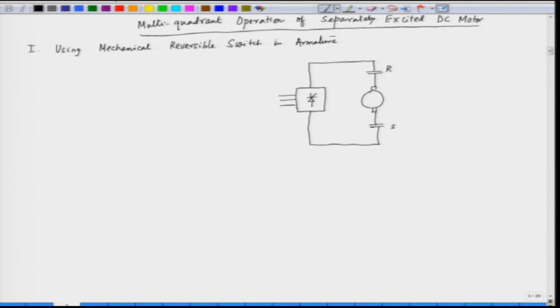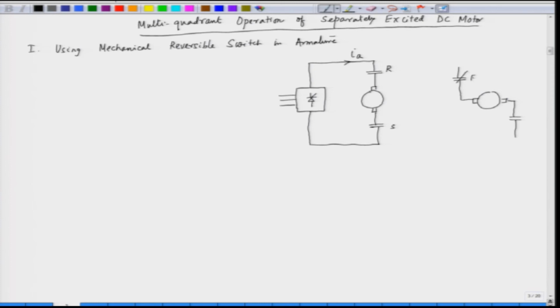Now, the current is flowing in this direction and we have the voltage. This reversible switch can be given in the following fashion. This is the armature. The reversible switch means we have 4 switches here; one pair of switches connects like this.